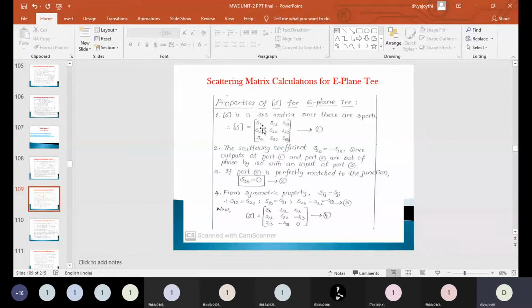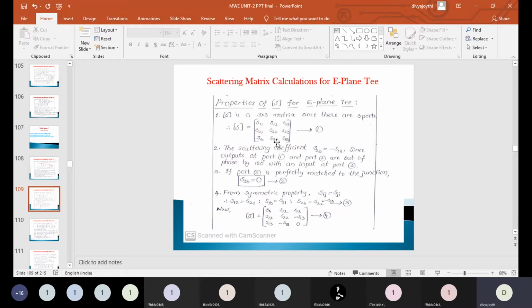S11 and S22 will remain the same, S33 is going to be 0, and only S12 and S21 will change. Either you write both of them as S12 or both as S21, and here we are writing both of them as S12 only, and S13 we are writing as it is.